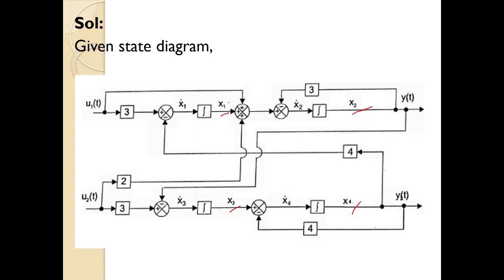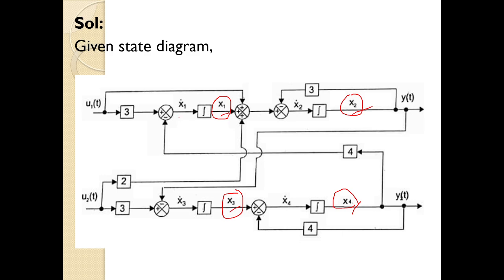So if these are at the output terminals, we have assumed the state variables x1, x2, x3 and x4. So now, we already know if we have a derivative.